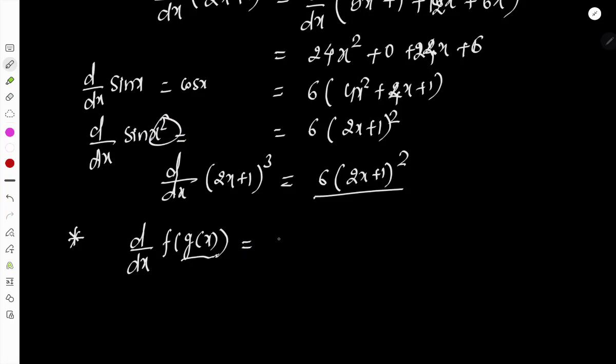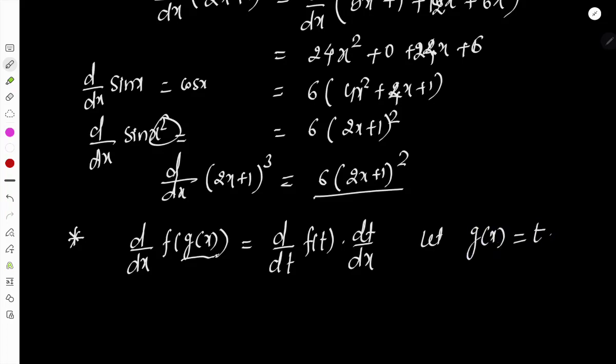So you can write it like this: d by dt of f of t into dt by dx, by assuming g of x is equal to t.